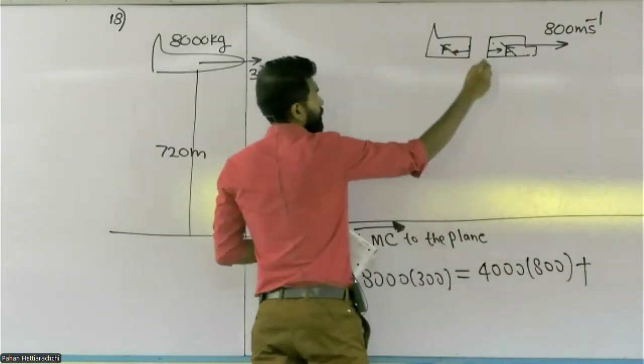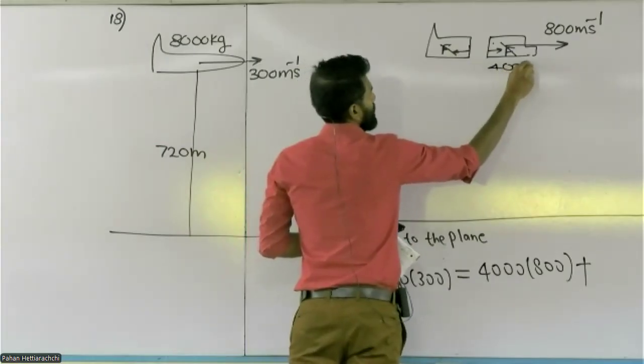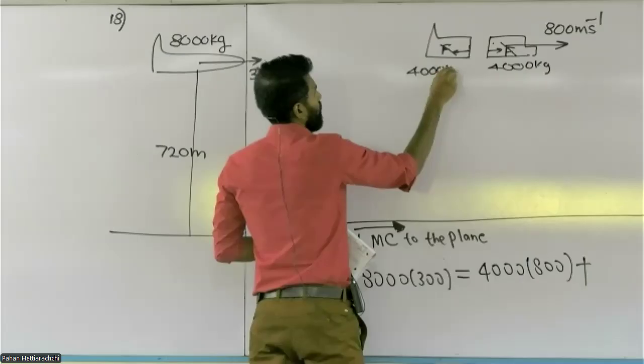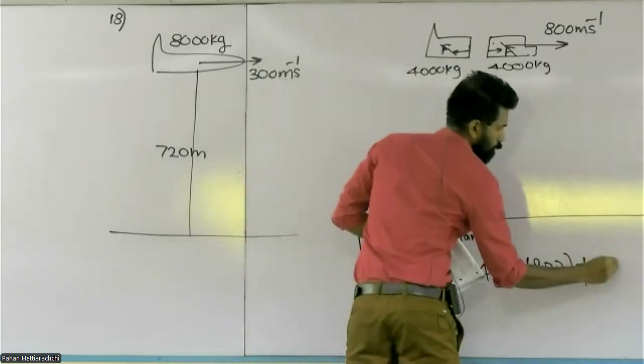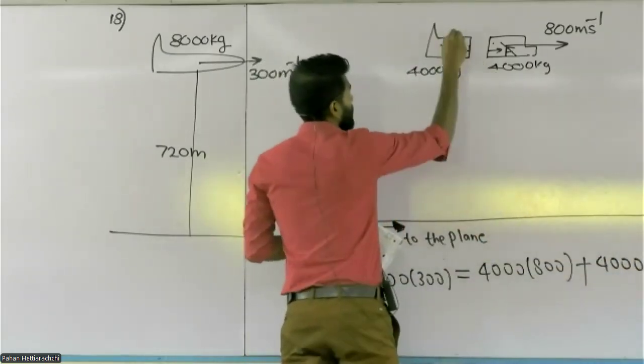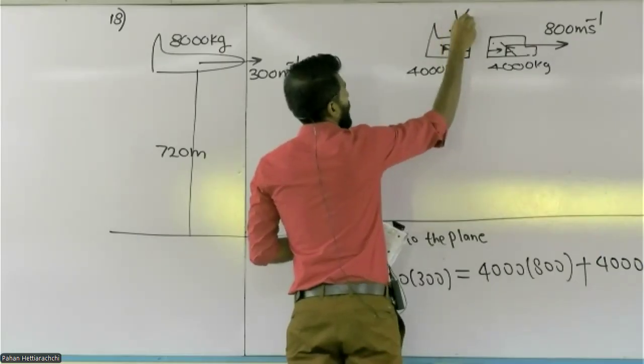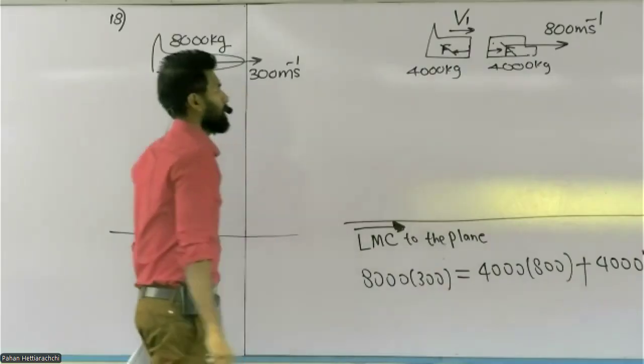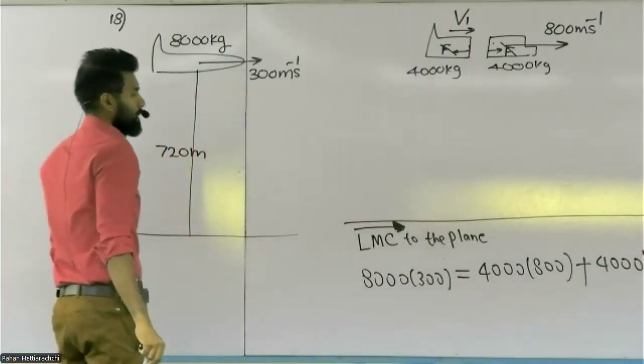And the other part, as they are equal parts, is also having a mass of 4,000 and a velocity of V1. Okay, so this is the situation.